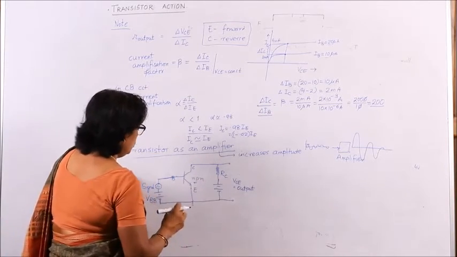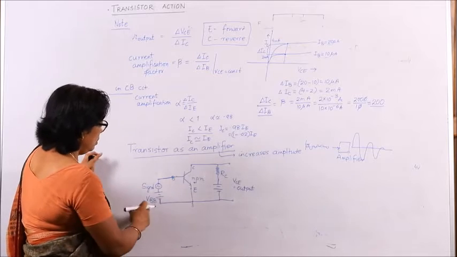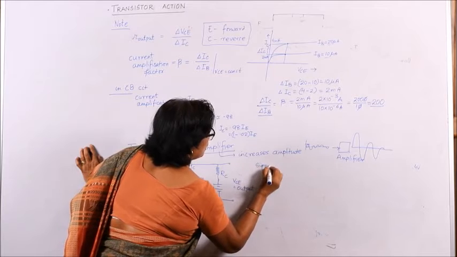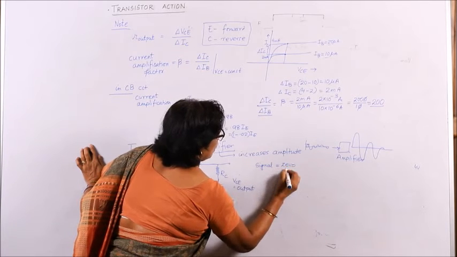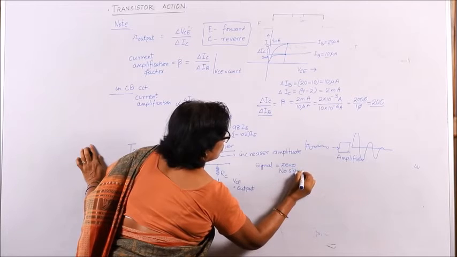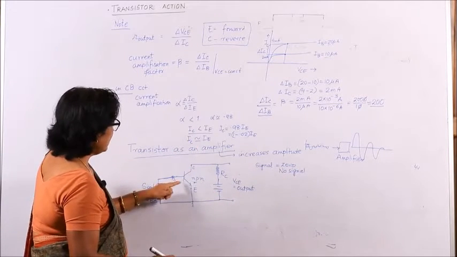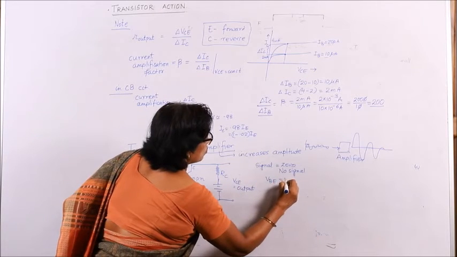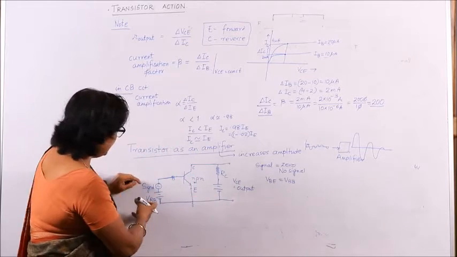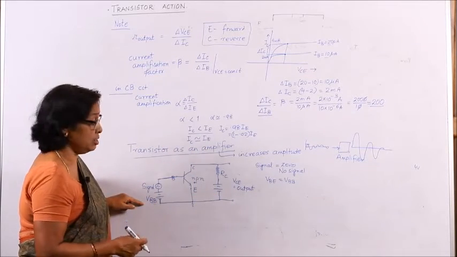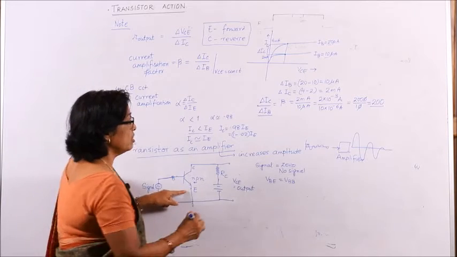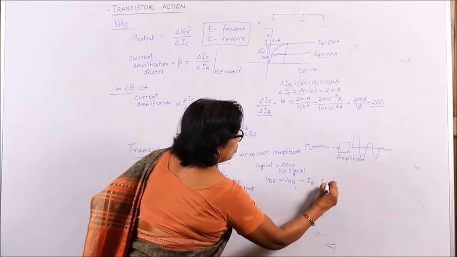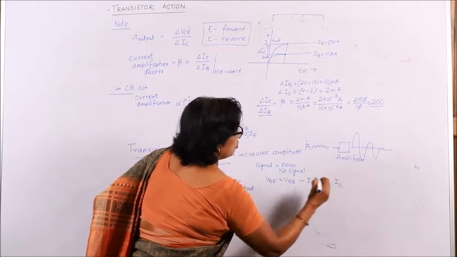Now, what happens when initially your signal is 0, no signal, base emitter voltage VBE is equal to VBB, जोटा बैटरी डायरेक्ट लगा हेची बायसिंग दिया हेची. Some emitter current will flow, some base current will flow and accordingly some collector current will flow in the circuit.